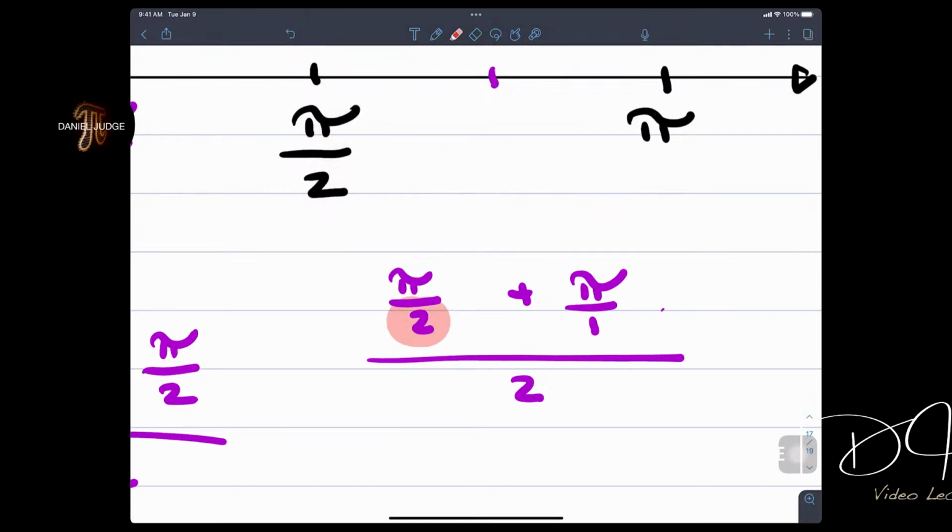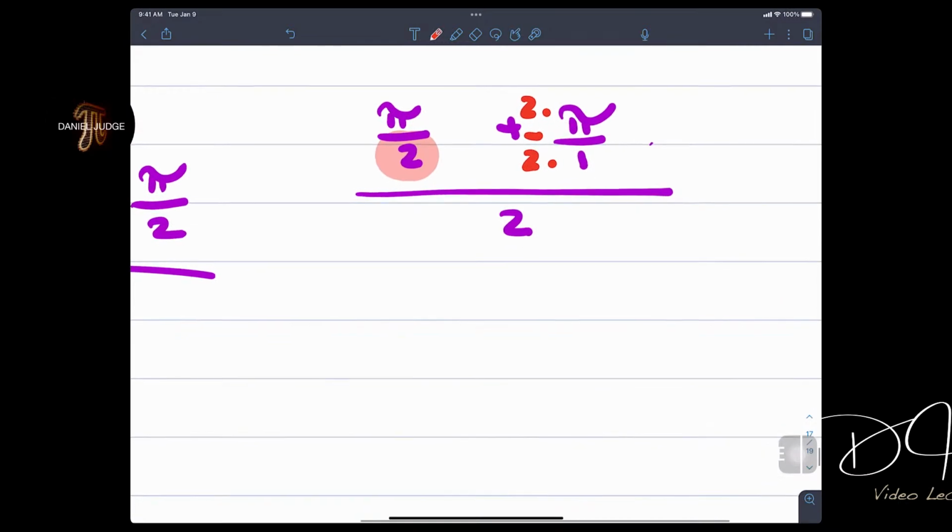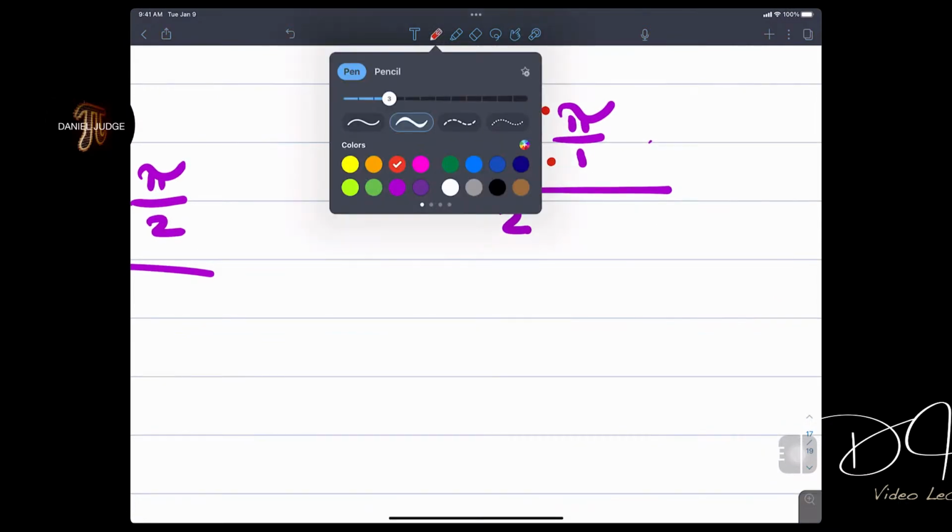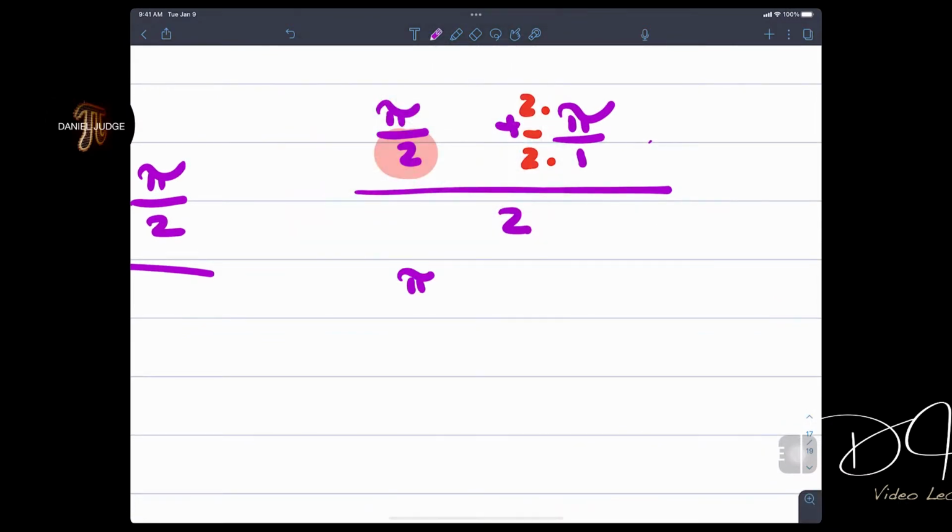They're not like. Well, since that's 2, I can get the second denominator to be a 2 if I multiply it by 2. But I have to multiply the top by 2 because 2 over 2 is 1. So anyway, we get pi over 2 plus 2 pi over 2.